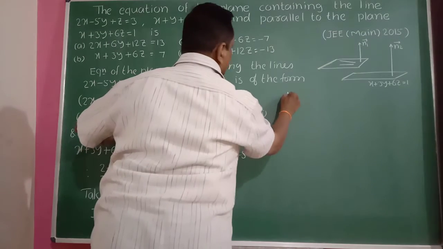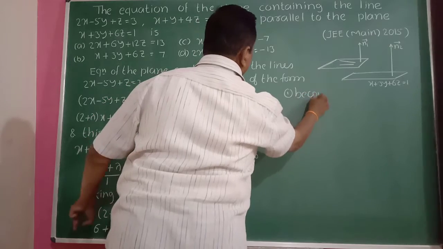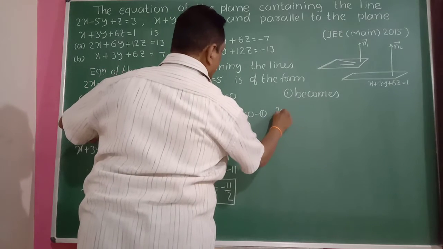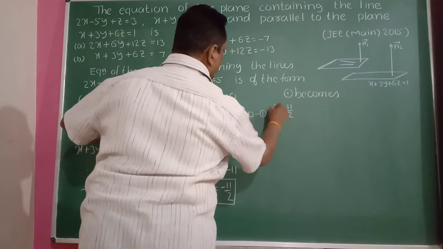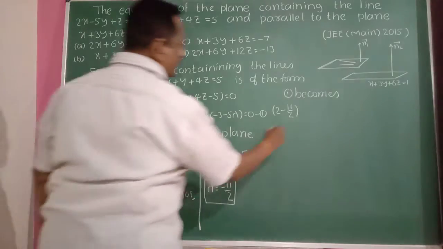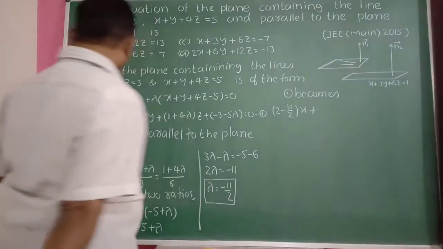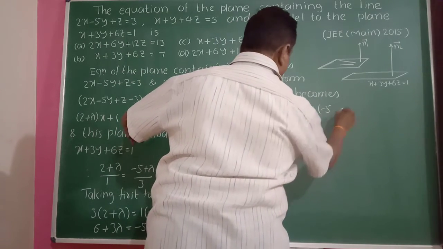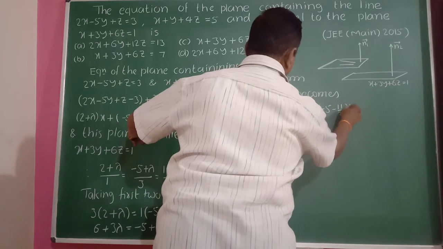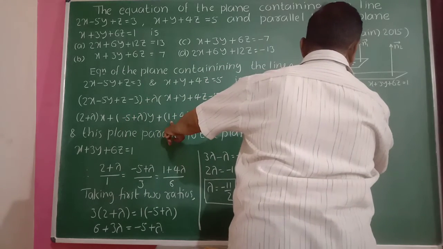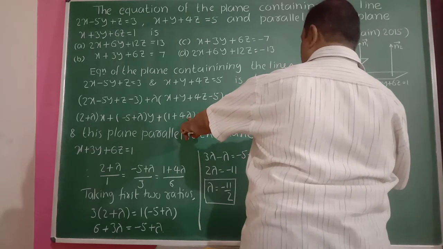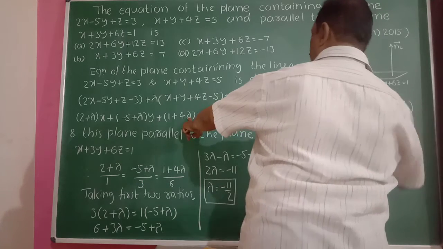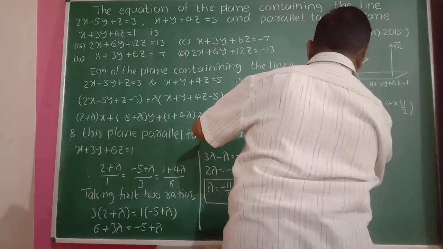Therefore equation 1 becomes (2 minus 11 by 2) into x, then plus (minus 5 and the lambda value is minus 11 upon 2) into y, then plus (1 plus 4 into lambda), so minus of 4 into 11 divided by 2, plus minus of 3 here.